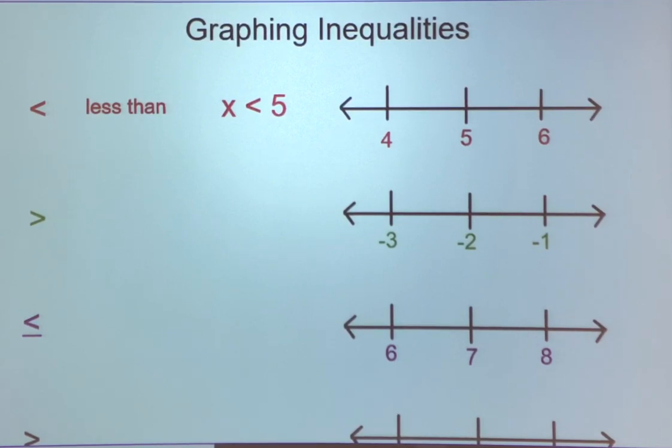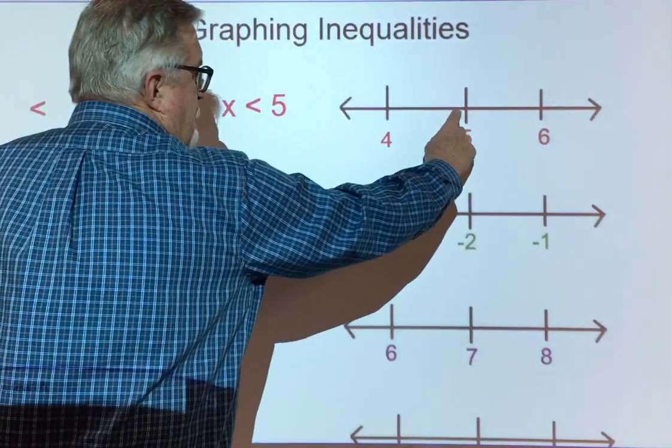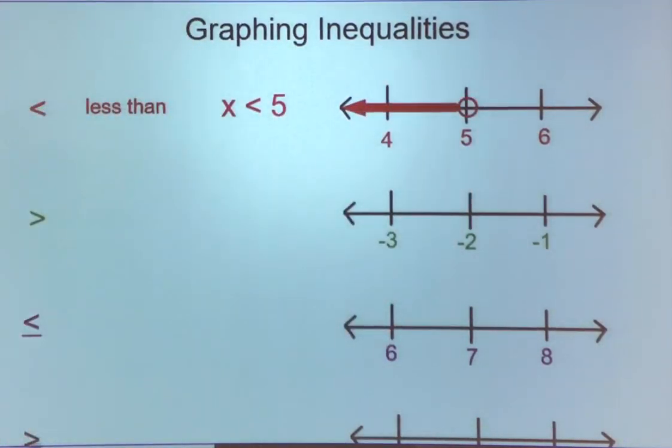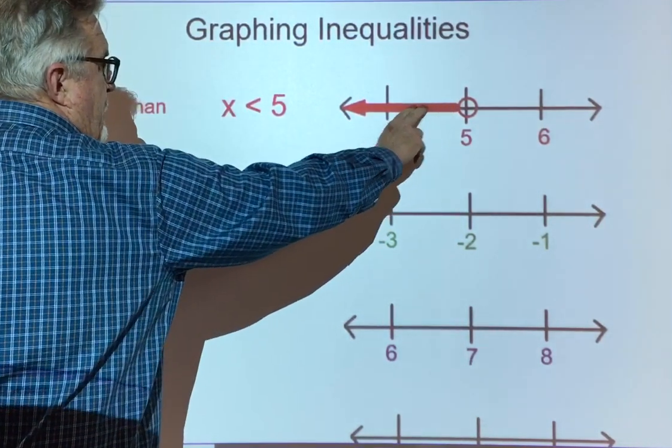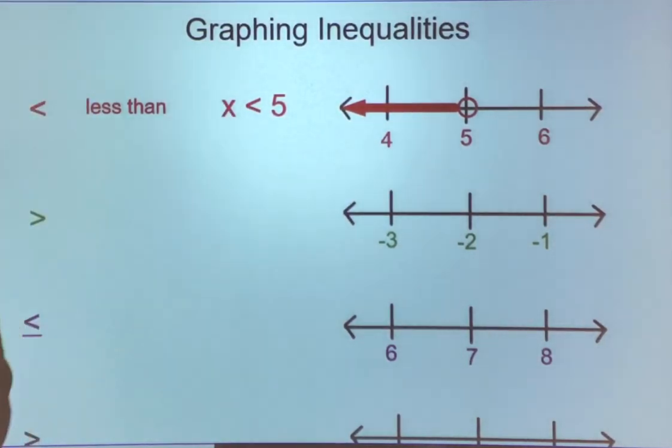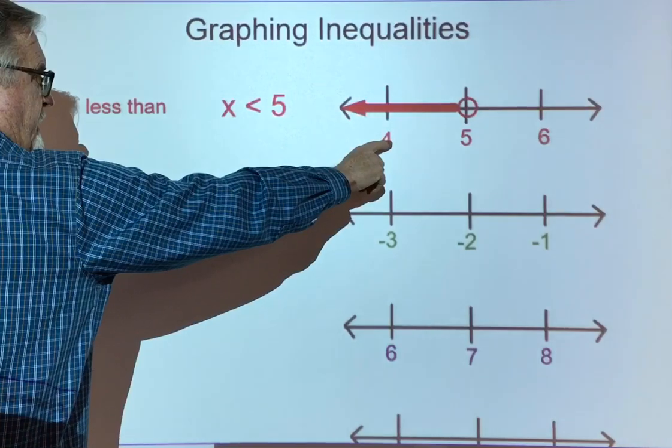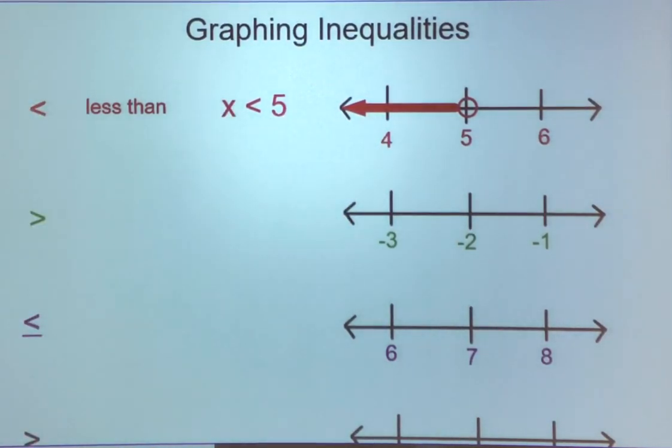Since it says x is less than 5, I'm going to use an open circle on 5 because 5 is the starting point, but it is not part of my solution. And I'm going to shade the number line to the left or less than. And to check that, I could just take a number in the shaded area and plug it in and say, is 4 less than 5? If it is, I shaded it correctly.